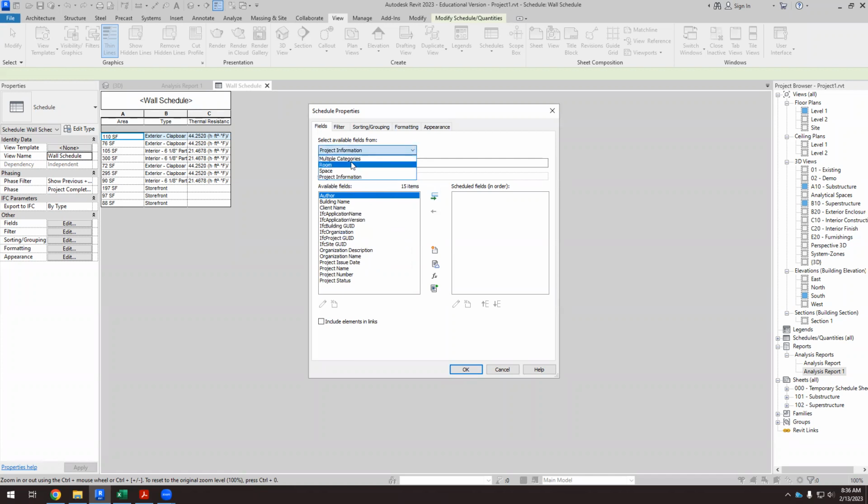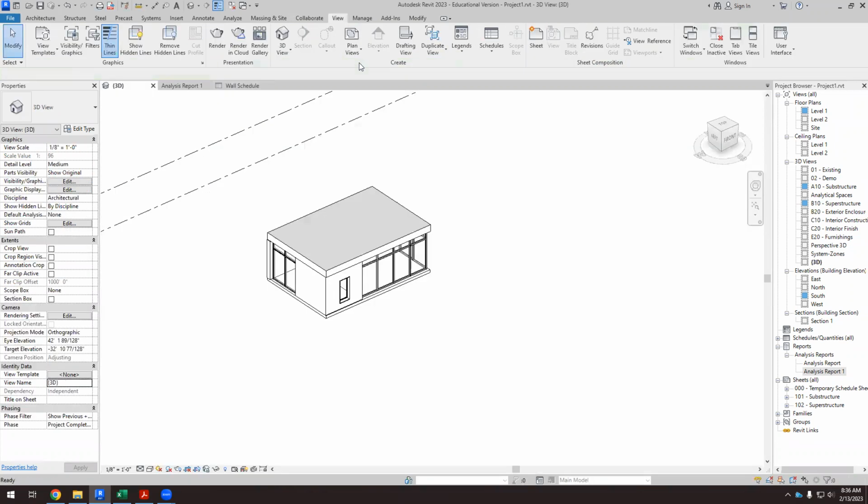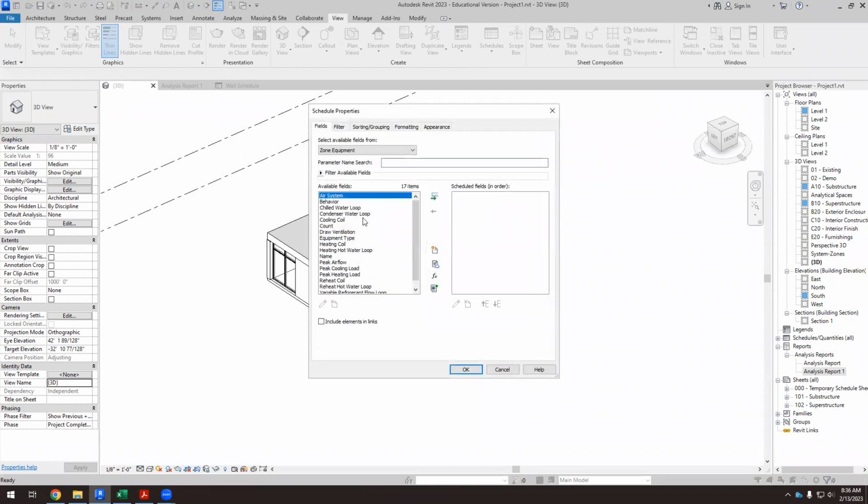And I don't have areas for Windows. Let's select, no, but this is own equipment.